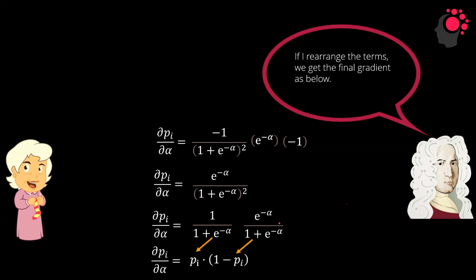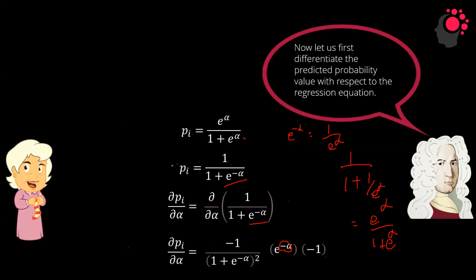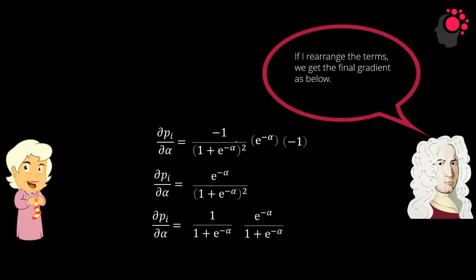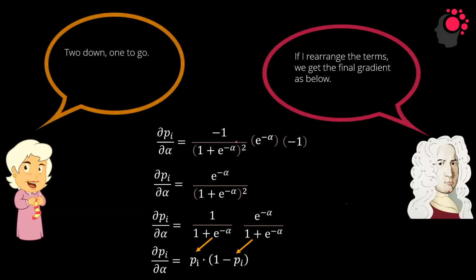If you remember, the pi value is nothing but e power alpha by 1 plus e power alpha, and that's exactly what we got here. 1 by 1 plus e power minus alpha is nothing but pi, and the other term is nothing but 1 minus pi. So now this is the gradient for the second component in the cost function that we are differentiating. That's 2 down, 1 to go. Earlier we had that fraction, and now we have this value for the derivative of pi with respect to alpha.